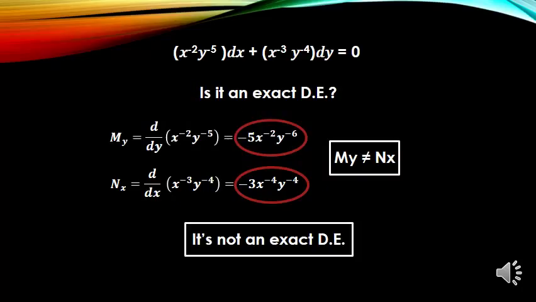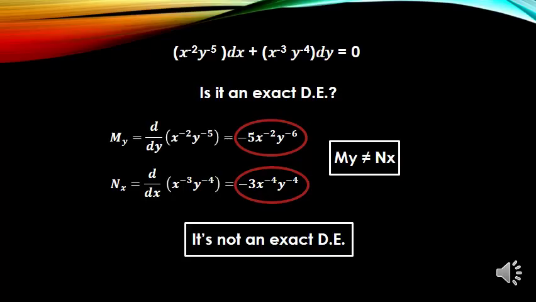First, we use the form ∂M/∂y = ∂N/∂x to check if our equation was exact. In the first part, we have the derivative with respect to y of x^-2 multiplied by y^-5.